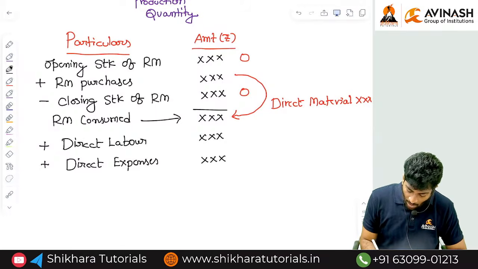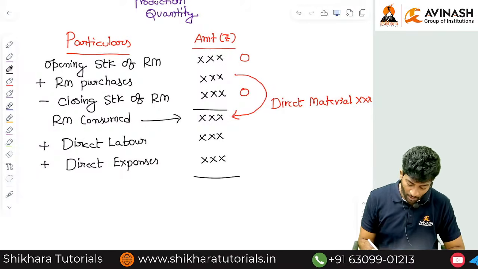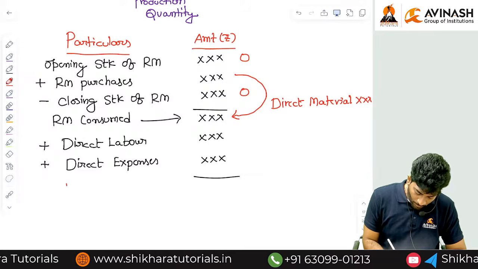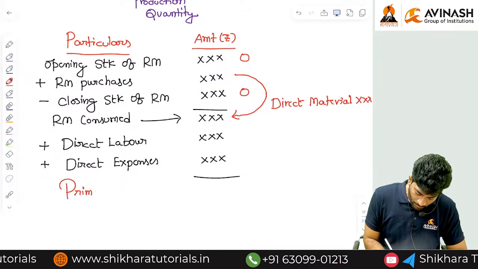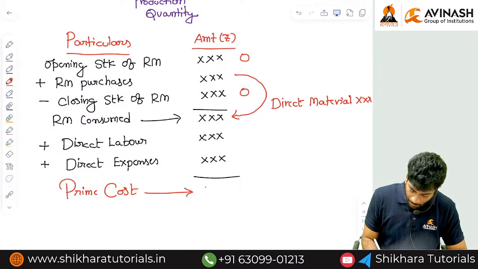So you can see all directs involved, which can be directly traceable to your production activity, and all these directs put together are known as prime cost.